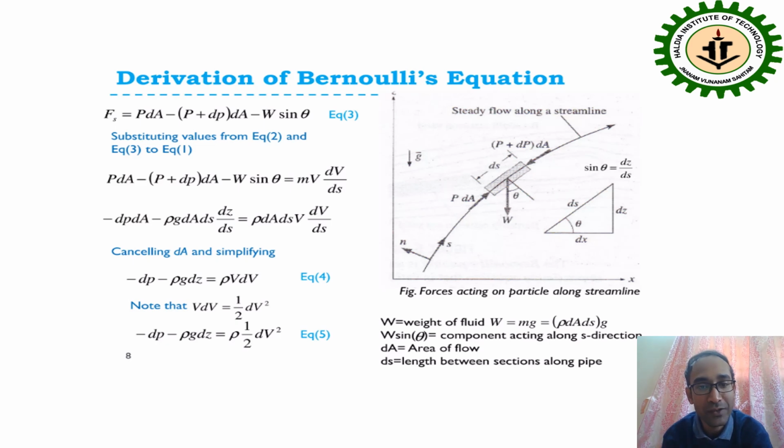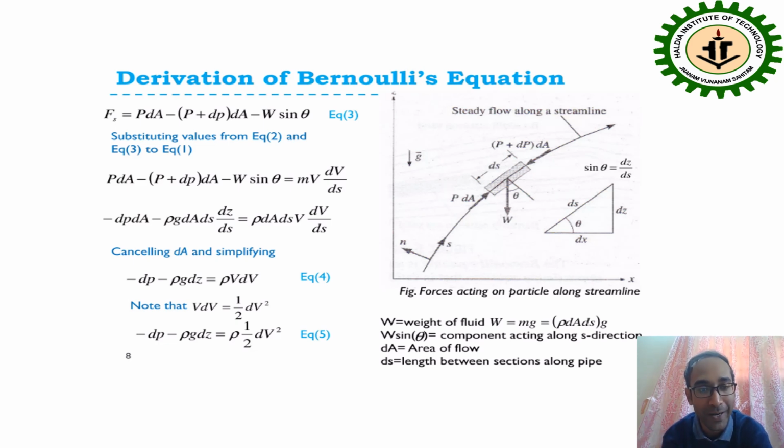So in this equation 3 and equation 1, it becomes m into a, that means force equals mass into acceleration. So P dA minus (P plus dP) dA minus W sine theta equals m into v dv by ds.